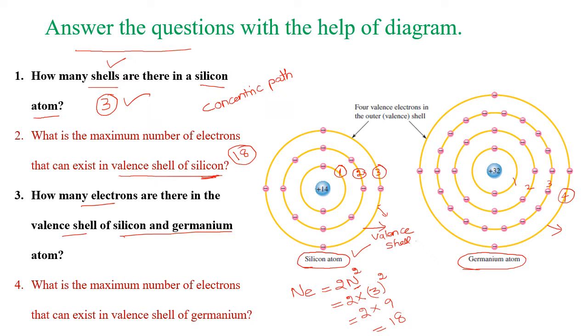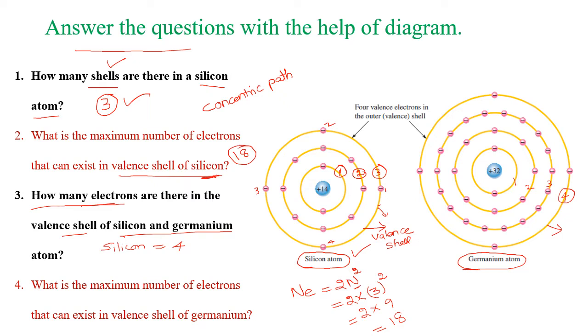But the question is how many electrons. So let's look at silicon. The number of electrons in the valence shell is 1, 2, 3, 4. Therefore, for silicon, the number of electrons in the valence shell is 4.